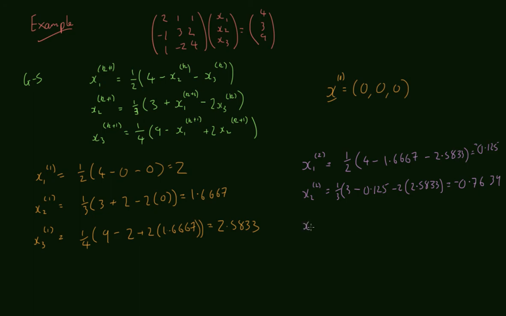Finally, our new value for x3 is 1 over 4, 9 minus x1, but remember that's a minus, so that's a plus 0.125, plus 2 lots of minus 0.7639, because that was our new value for x2, and that comes out to 1.8993. If we were to continue our iterations, we get closer and closer to the actual solution of this linear system.